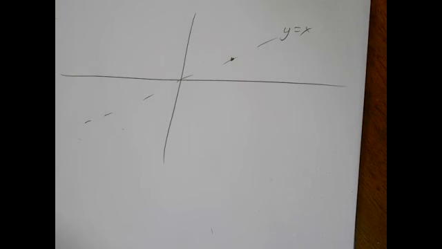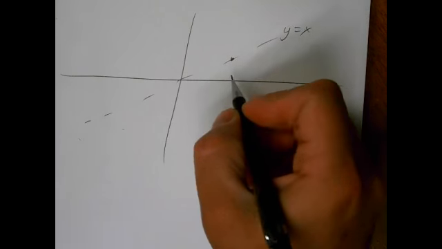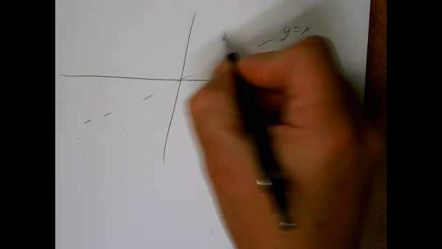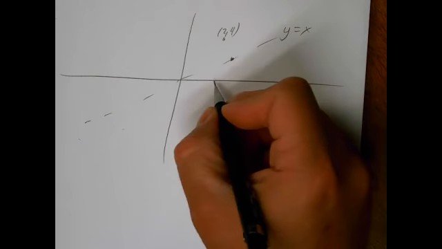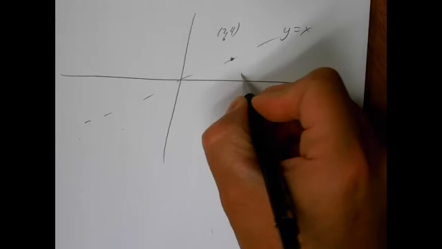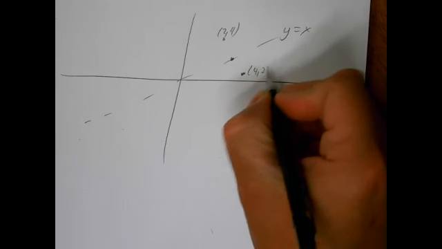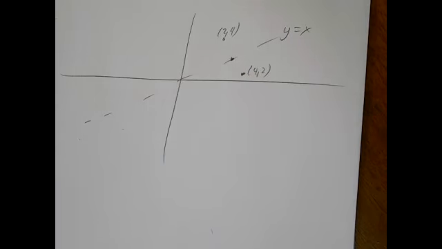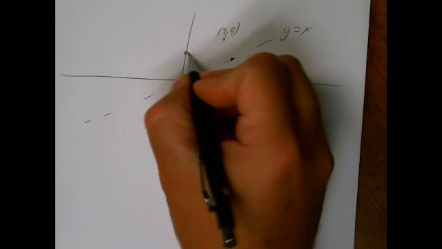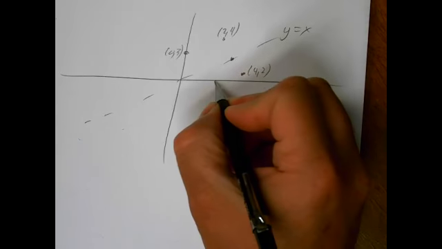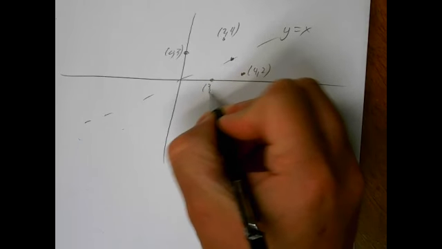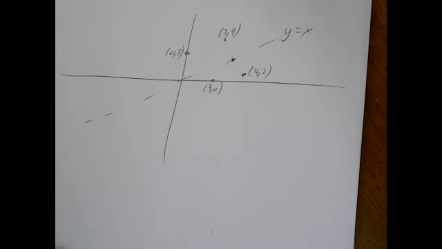So switching them around will change nothing. All right. But on the other hand, if you had something like (2, 4) in your original relationship, then (4, 2) will be in the new relationship. If you had something like (0, 3), then (3, 0) will be in the new relationship.